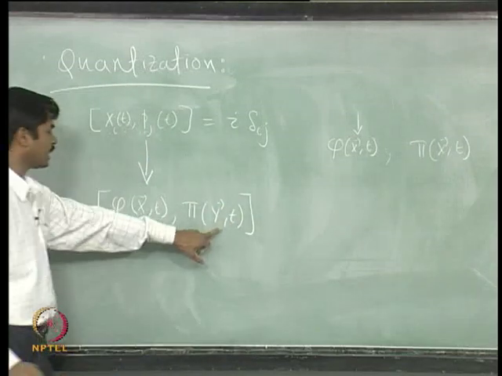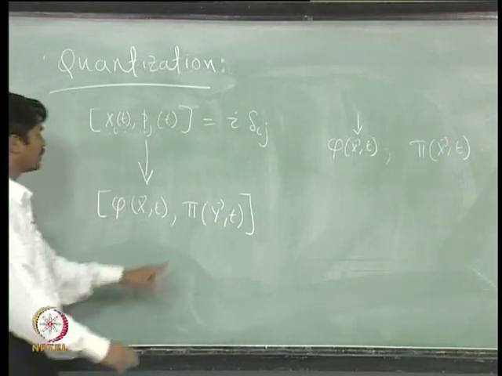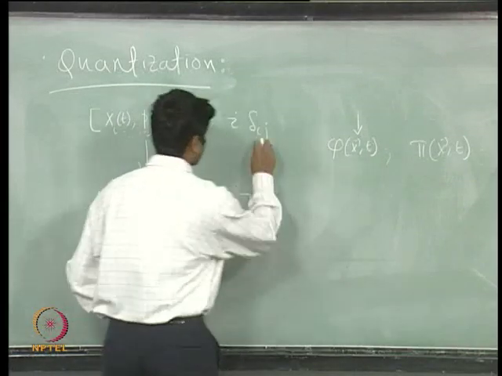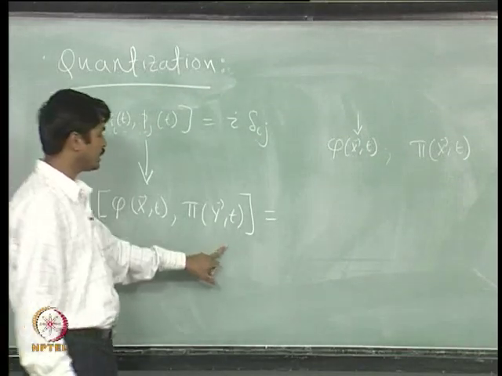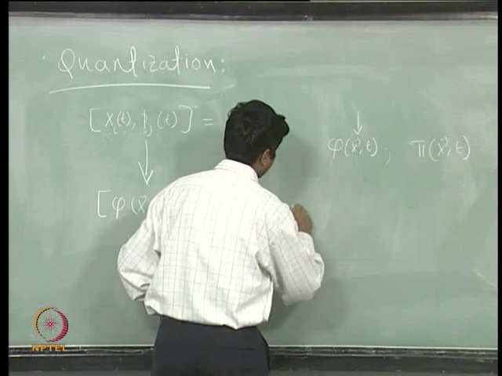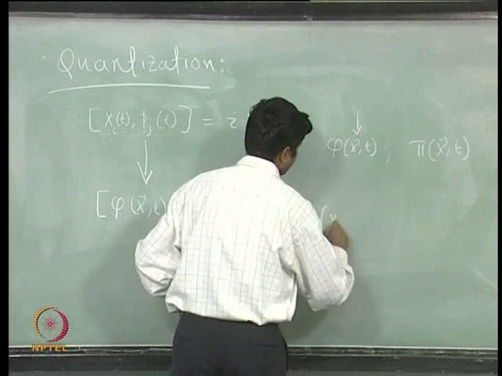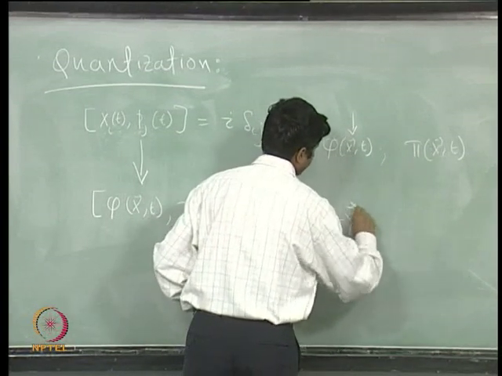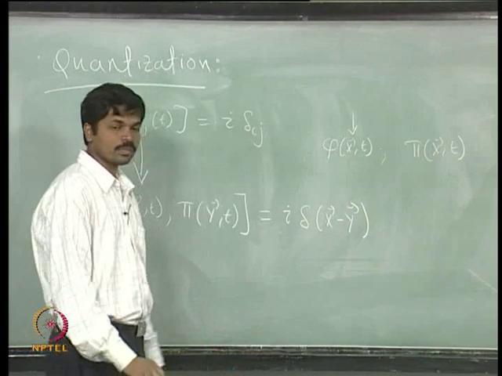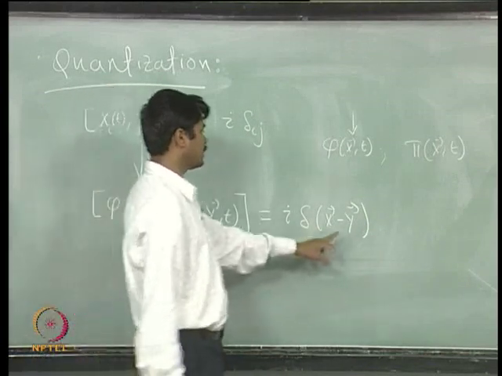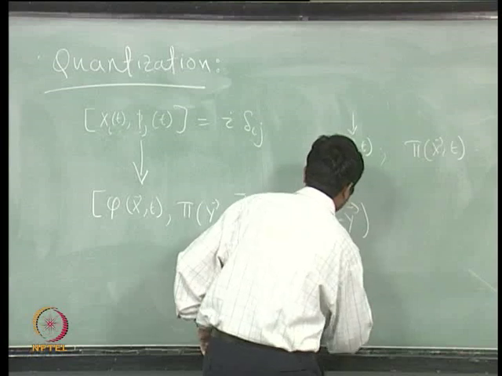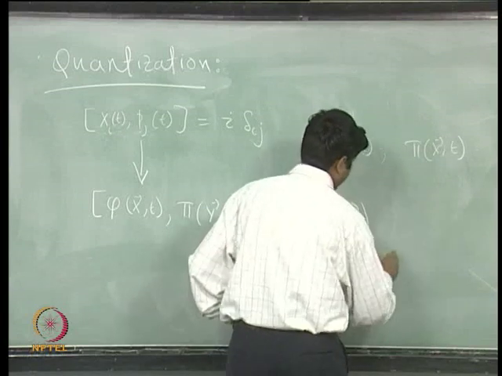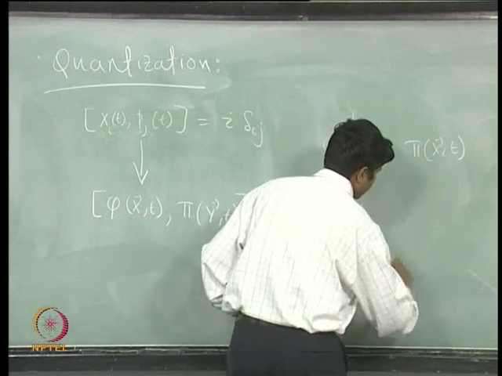Since x and y are continuous variables, instead of the Kronecker delta you have the Dirac delta. This is given by i delta of x minus y, where delta of x minus y is the 3-dimensional Dirac delta function.